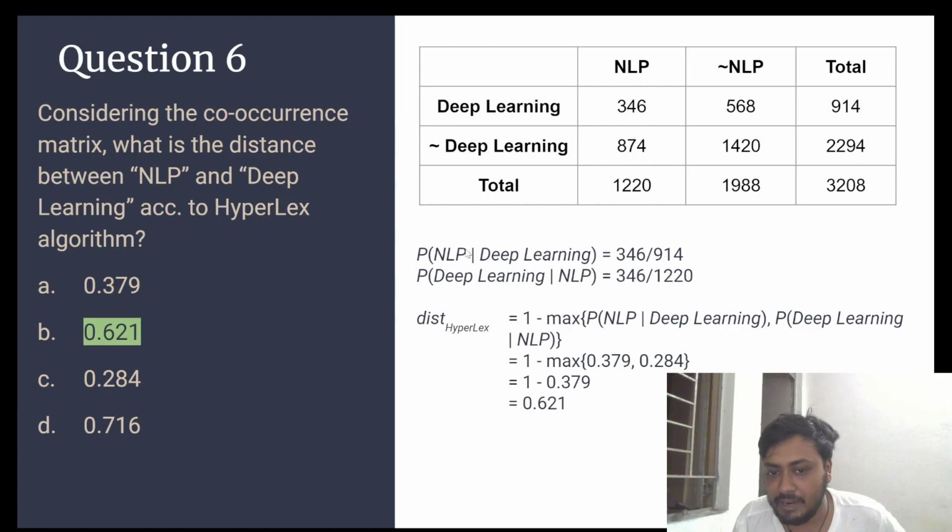So probability of NLP given deep learning is 346 by 914. Similarly, NLP occurs in a total of 1220 instances, and 346 of them is where deep learning occurs along with it.